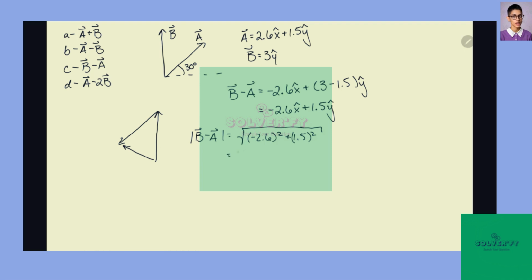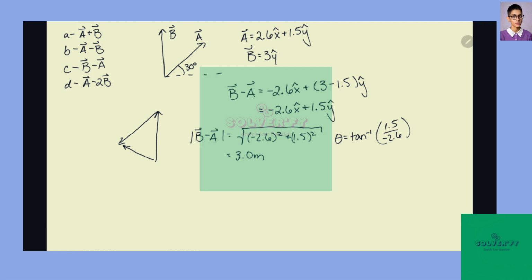Plugging that in, we get 3.0 meters again, which is pretty cool. And then for our angle, we're going to do the inverse tangent of 1.5 over negative 2.6.